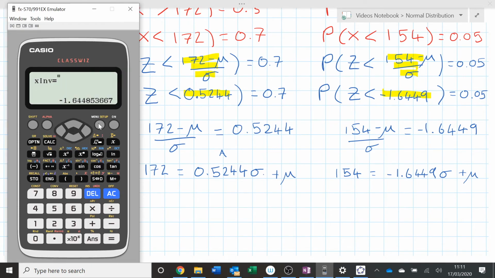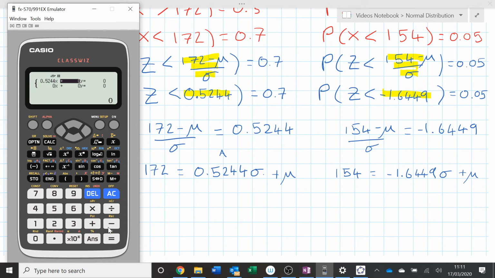So I'm going to go into my solving simultaneous equation in the calculator. I've got two unknowns, and I want to put sigma as my x and mu as my y. I stored 0.5244 as A, so I can actually directly put A in there.